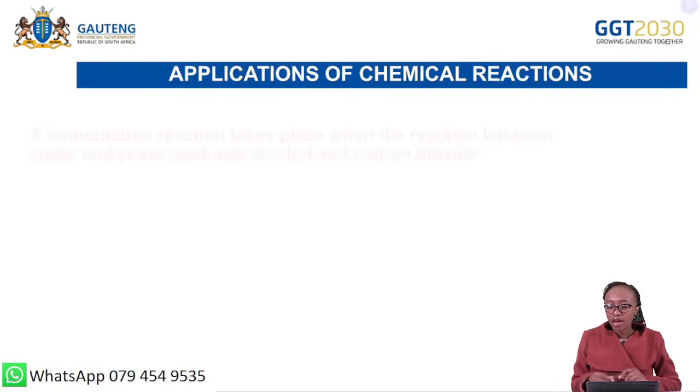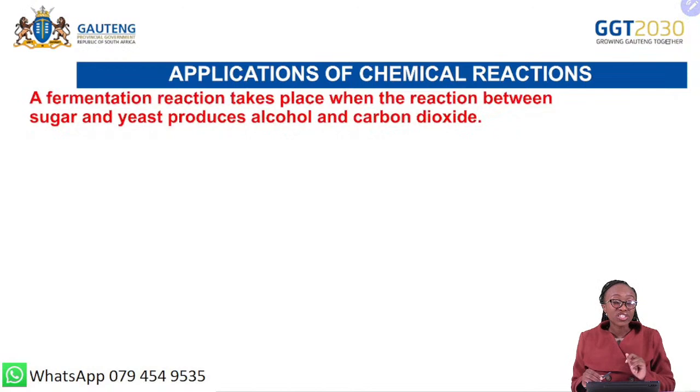So let's start. A fermentation reaction takes place when the reaction between sugar and yeast produces alcohol and carbon dioxide. Remember when we were doing our terminology section, we said fermentation is a type of chemical reaction. So we can apply our knowledge of chemical reactions to the process of fermentation.